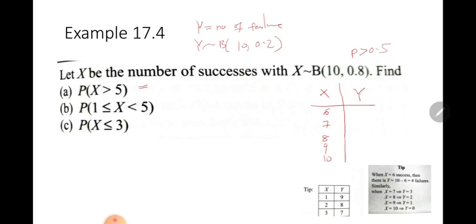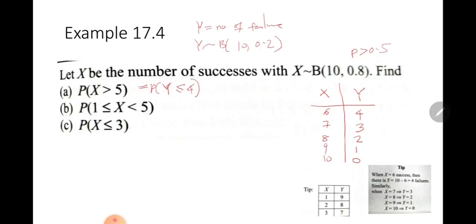But now X is the number of success, and 6 successes will be equivalent to how many failures? 4 failures. 7 successes will be equivalent to 3 failures. 8 successes, 2 failures, and then 1 failure, and then 0 failures. When you have all successes, the failures will be 0. So instead of looking at the number of successes greater than 5, you are actually looking for the number of failures, which is Y. And this Y should be less or equal than 4.